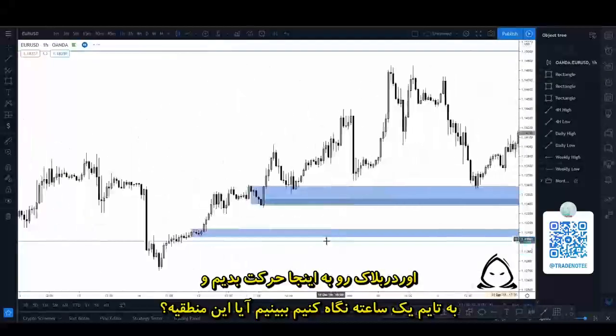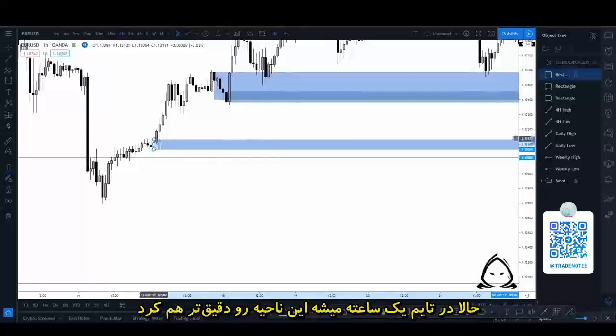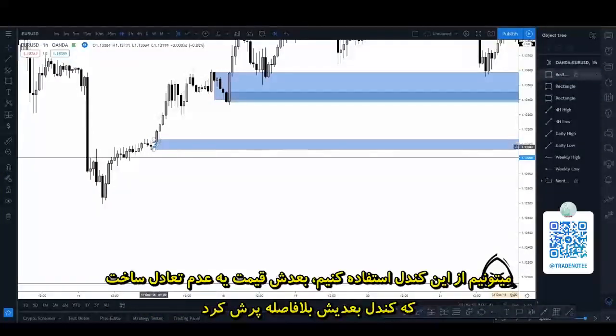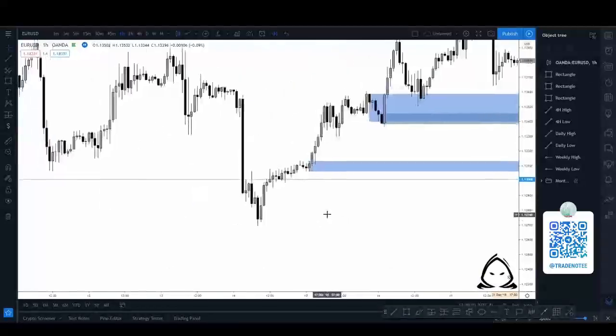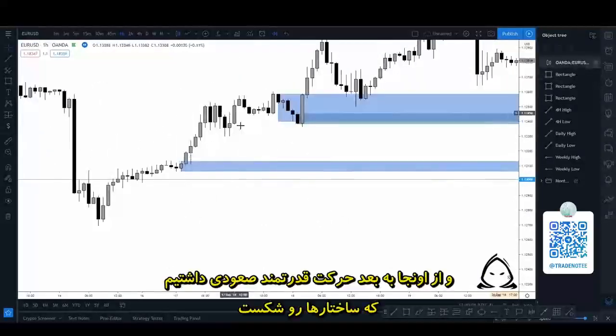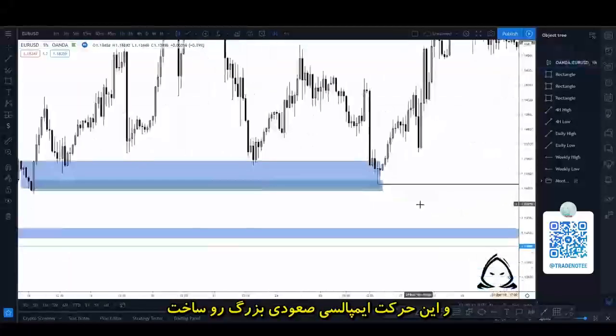What we can see on the 1 hour, if we want to clean up that zone ever so slightly more, is that we can actually use this candle right here. The next candle created an imbalance that the following candle filled almost immediately, and then that's when we started to see the rally to the upside, breaking structure and creating this large impulsive move to the upside.